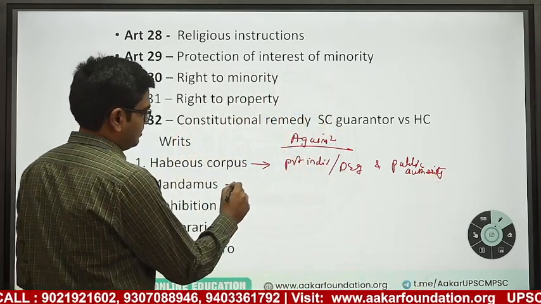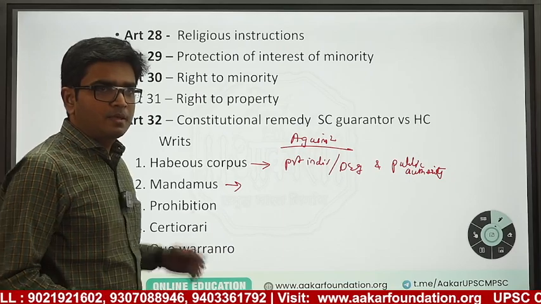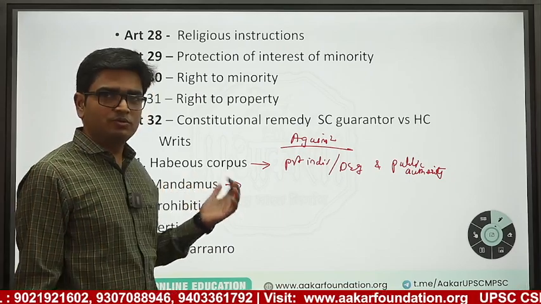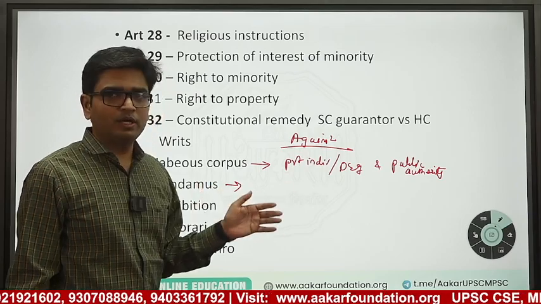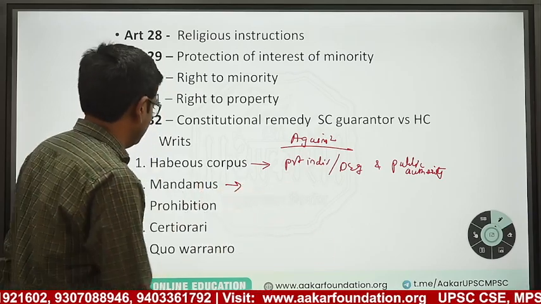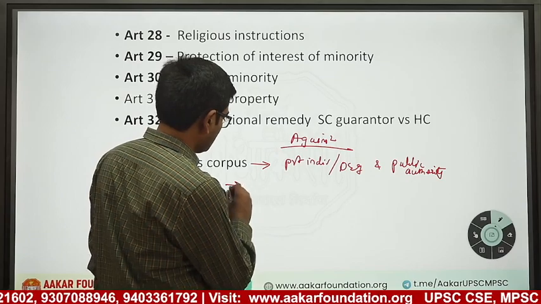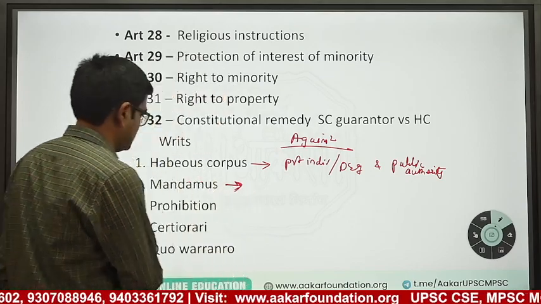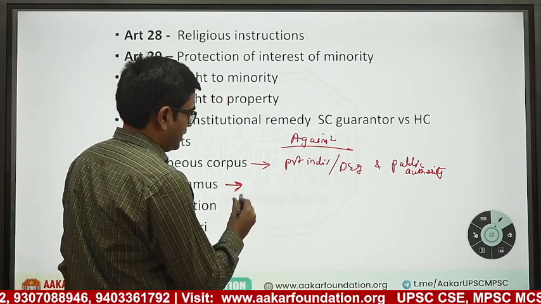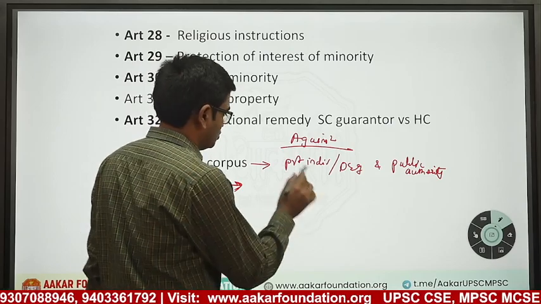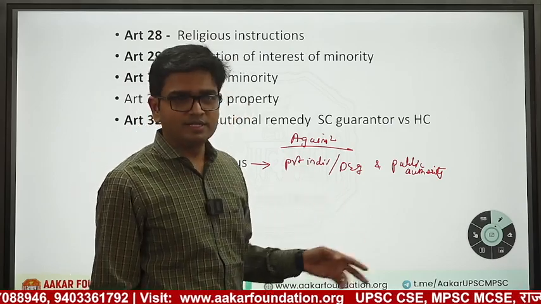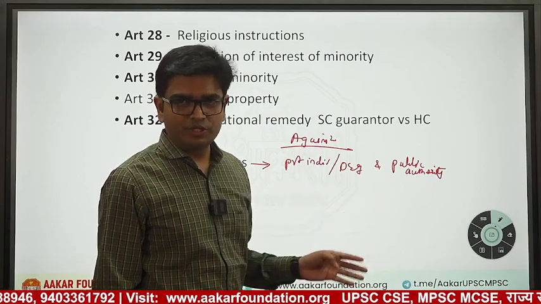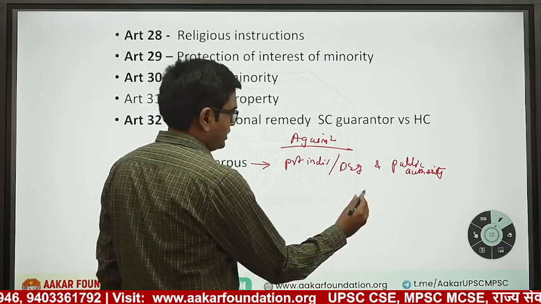Then mandamus means the Supreme Court can give instruction to a lower institution or court to do something. It directly asks them to do something. Against whom can mandamus be issued? Against almost everyone: public authority, legislature, judiciary, quasi-judiciary bodies, but not against private individuals.